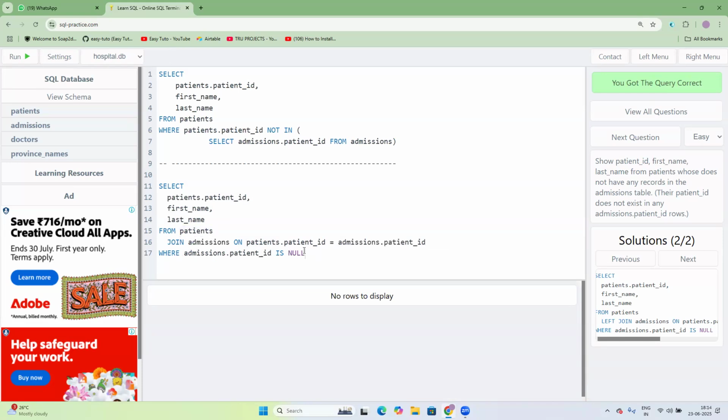I don't want the matched values. When I'm doing inner join, it will show me the matched values. When I'm telling admission.patient ID is null, I'm telling the compiler that wherever admission.patient ID is null, that's what I want. So when everything is null, then you'll not get anything, right? When there's a mismatch among admissions patient ID and patients patient ID, then we will get the output. To get that output, we are using left join. Did you understand now?